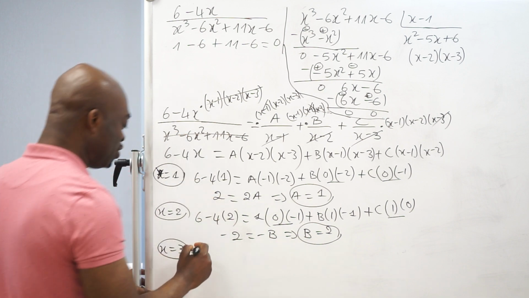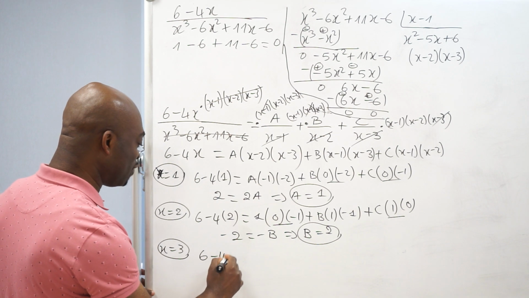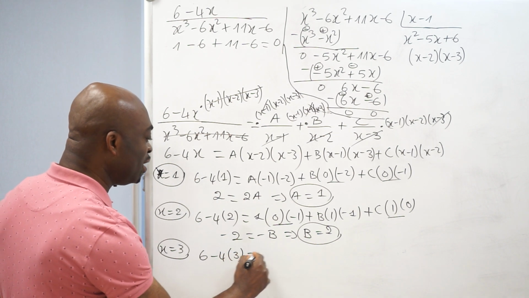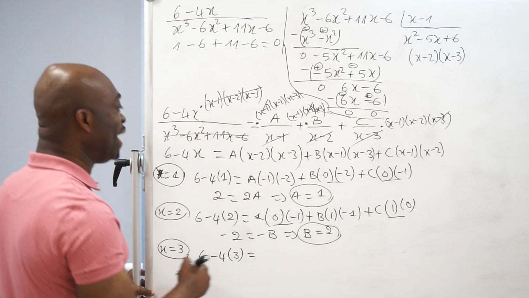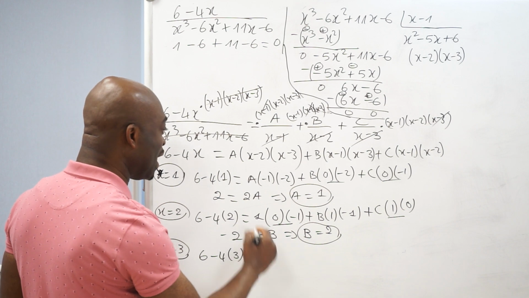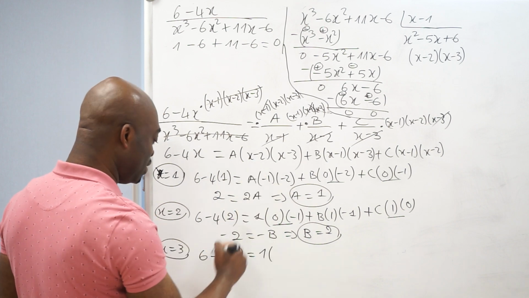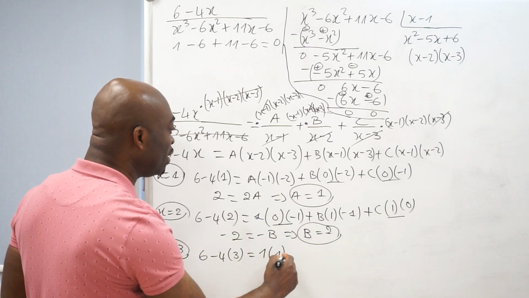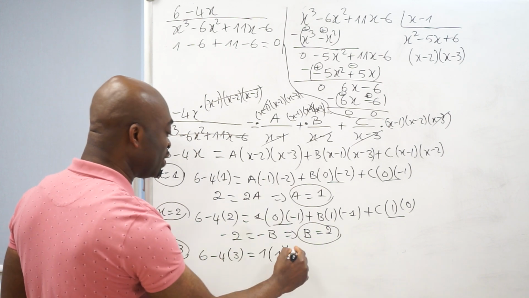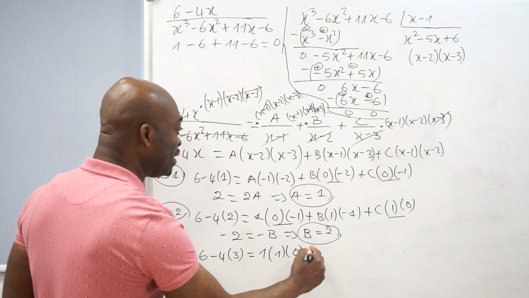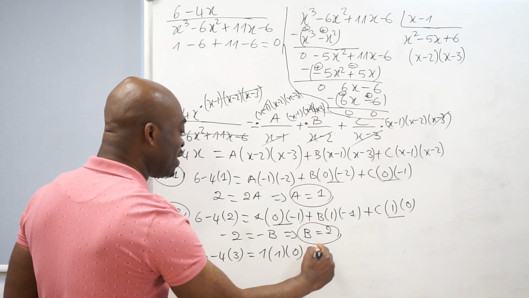So now you end up with 6 minus 4 times 3 equals, and then we know a, which is 1, times 3 minus 2, which is 1. And then here you have 3 minus 2, which is 0, and then you have b here. So this one is giving you b.